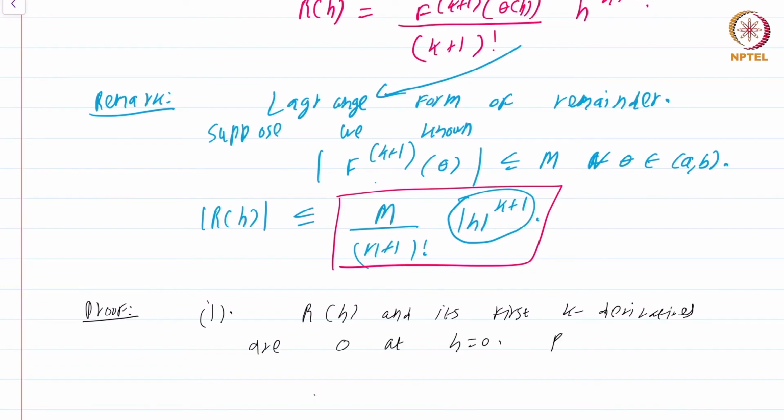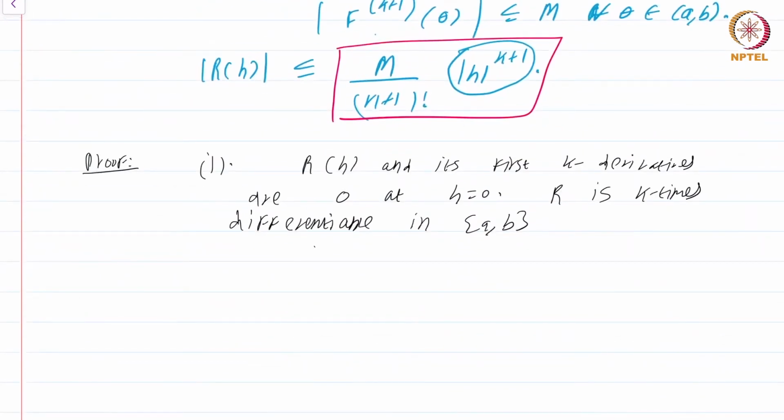Okay, and r is k times differentiable in the closed interval x plus h. So we can apply mean value theorem to R in 0h.